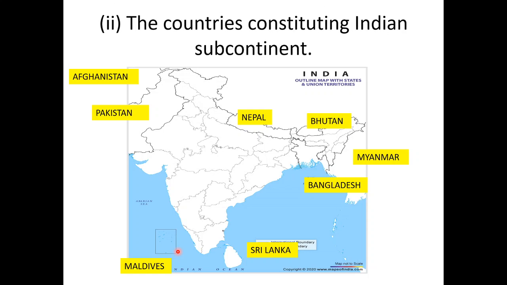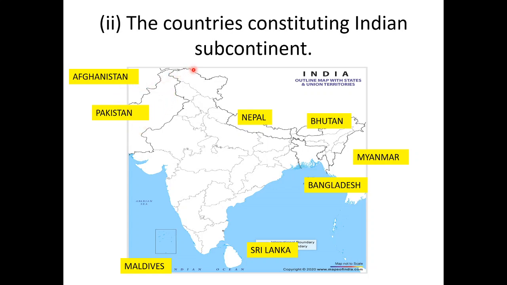Second, we have the countries constituting Indian subcontinent. Okay, so here we have Afghanistan, Pakistan. They are the western neighbor of India. Okay, you also look at the states sharing their border with Pakistan, sharing their border with Afghanistan.